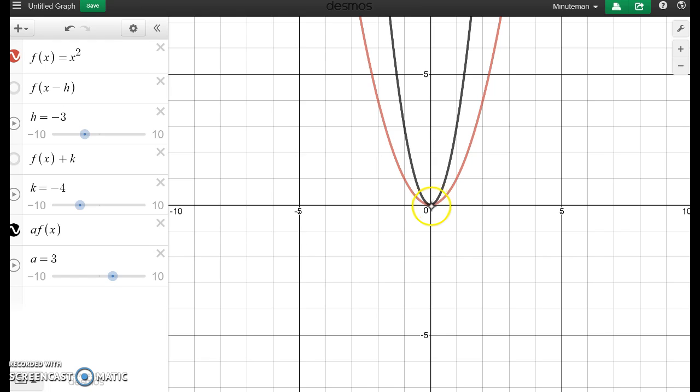The vertex is 0 here, and 0 times 3 is still 0, so it doesn't change. The vertex is still in the same place. But this location, where y is 1 on our parent function, you can see that the y value at that point is 3.